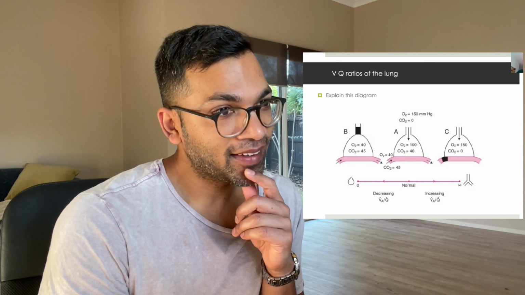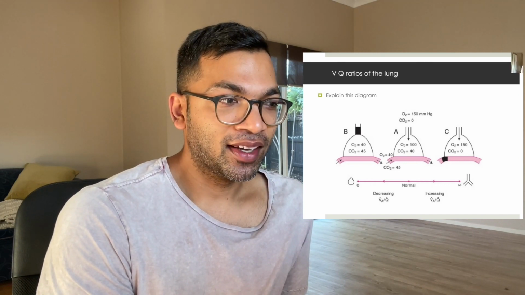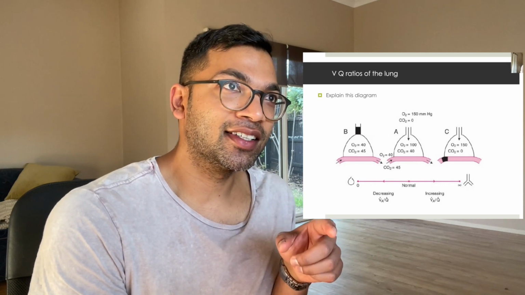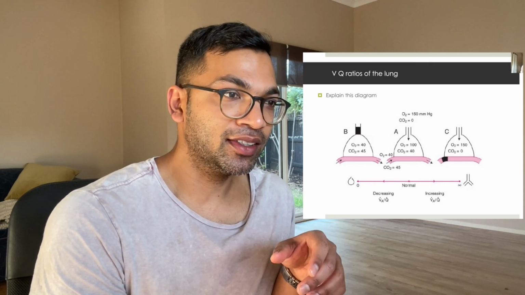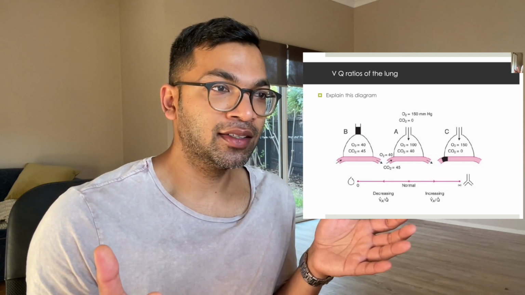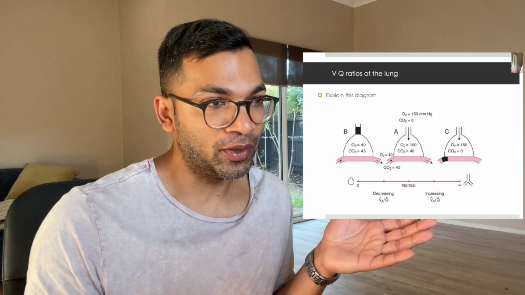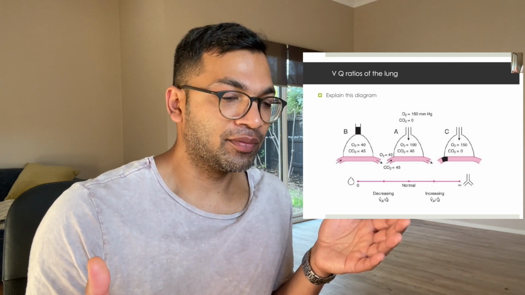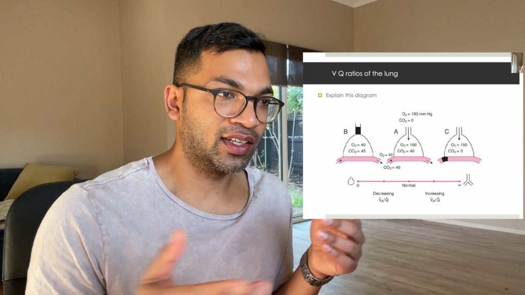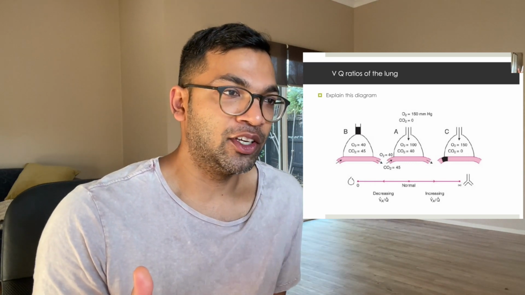I guess I would say, what is VQ mismatch? Yeah, and I think you can answer that, because I don't see that as a problematic question. We know that the average VQ matching of the lung is 0.8, so you could consider that as normal but suboptimal, because maybe it should be 1. It's more just an observation of what occurs in the lung, that you're never going to get a lung that doesn't have VQ mismatch.